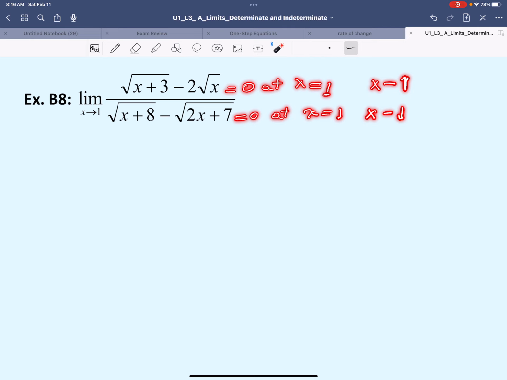So our job now is to make this indeterminate form limit evaluatable by removing x minus 1, because that's what makes it undefined at 1, by factoring x minus 1 from both of them.